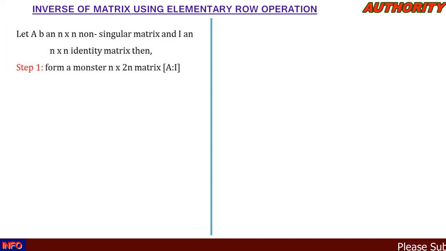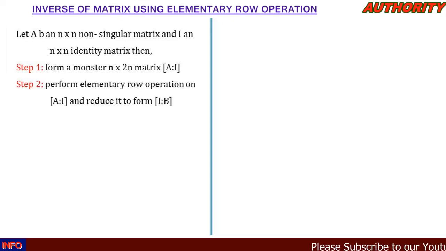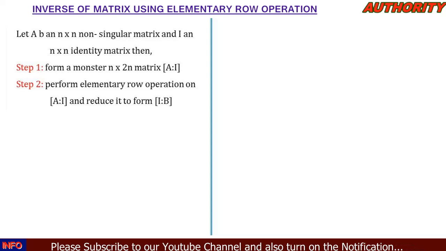After forming your monster matrix, step 2, we are going to perform elementary row operation on this matrix to reduce it to the form [I | B]. We have a matrix A on this side and the identity matrix on this side.